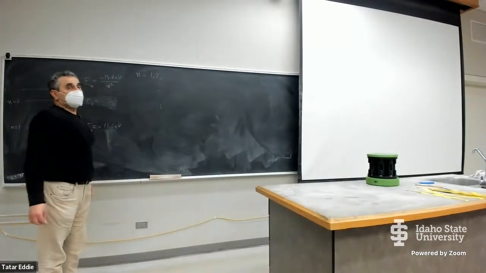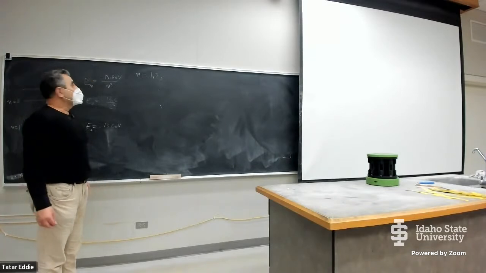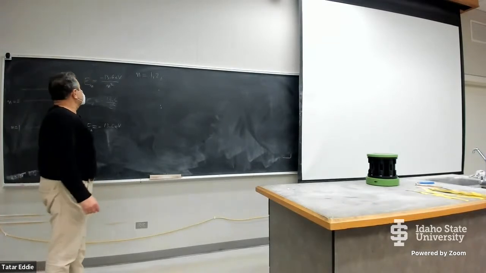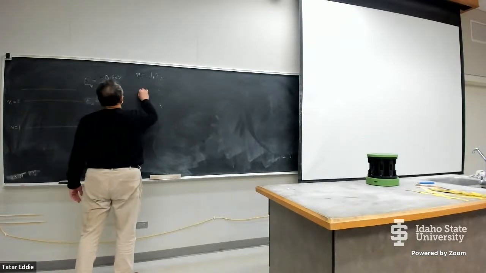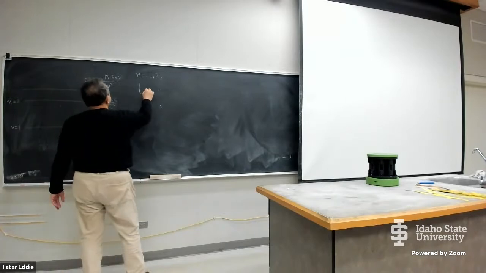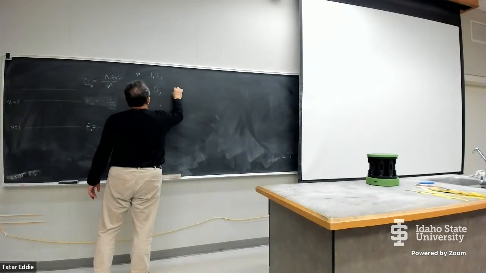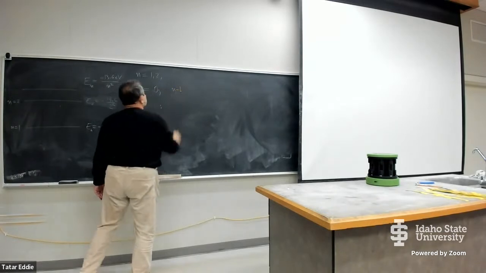The second quantum number that you need to describe the state of an electron in any atom is called orbital quantum number L. And the value of the orbital quantum number ranges from 0 to n minus 1.